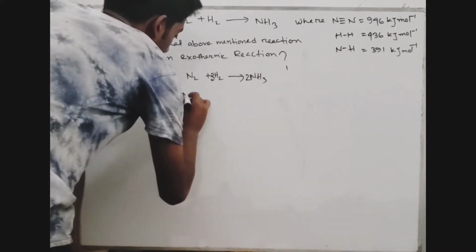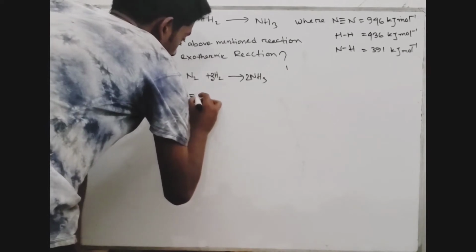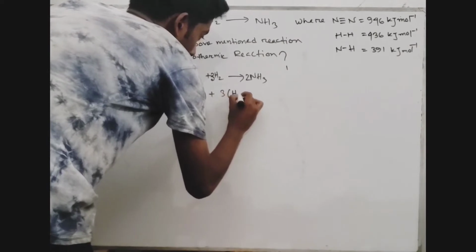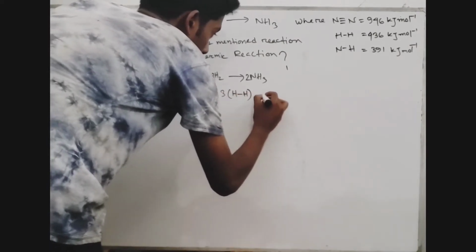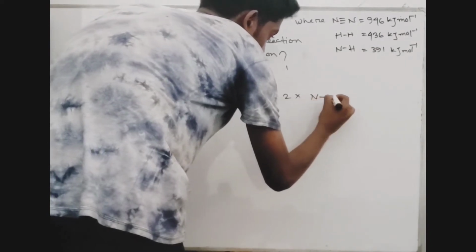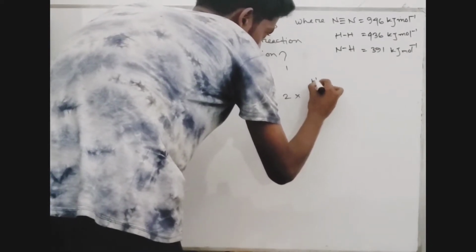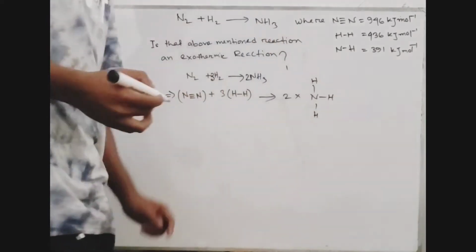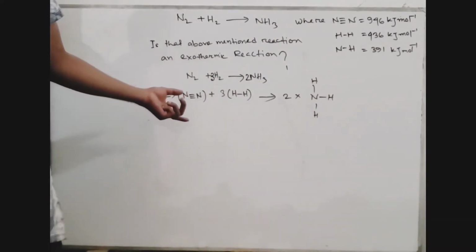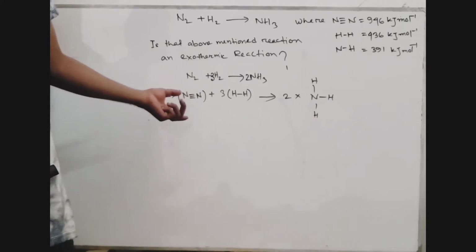N triple bond N plus 3 into H single bond H gives 2 into NH3, with each N bonded to three H. We have converted this equation into structural formulation.